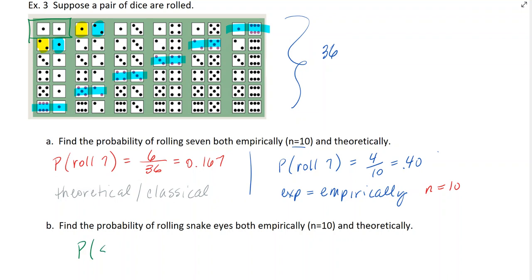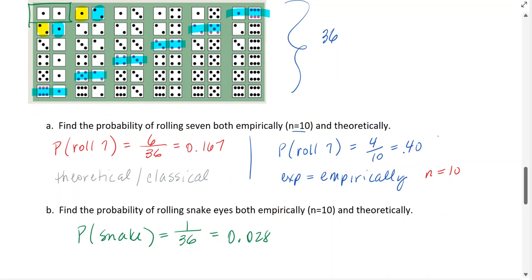So for the probability of rolling snake eyes, we have 36 possible combinations for outcomes, but there's only one way for me to roll snake eyes. Changing that to a decimal, I'm going to take this to 0.028. So the theoretical, or classical, method for calculating probability tells me that snake eyes would occur with a probability of approximately 0.028.